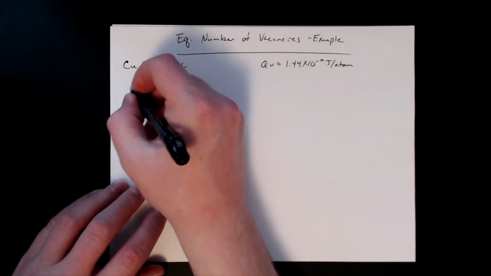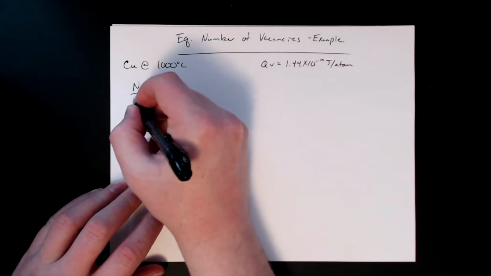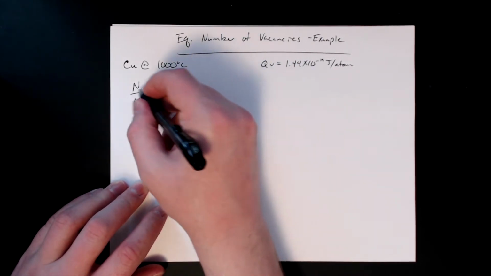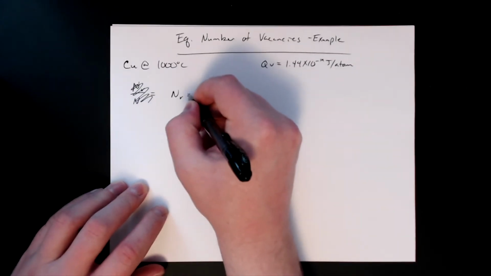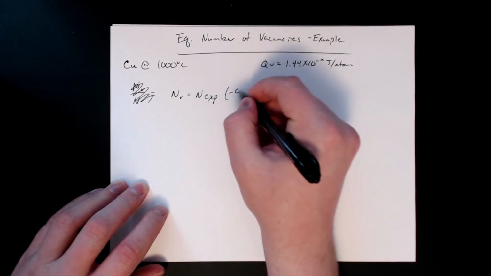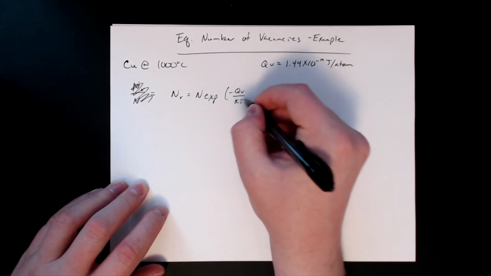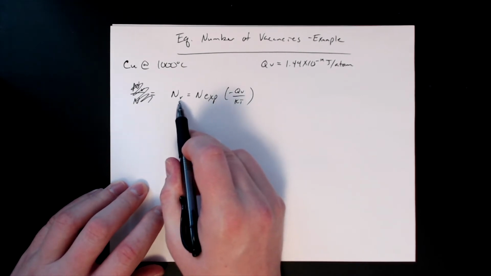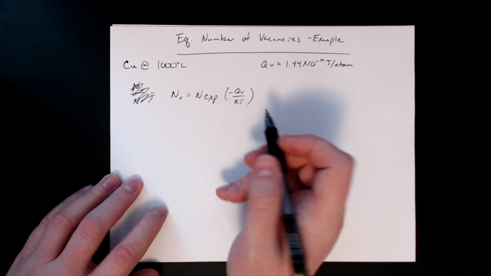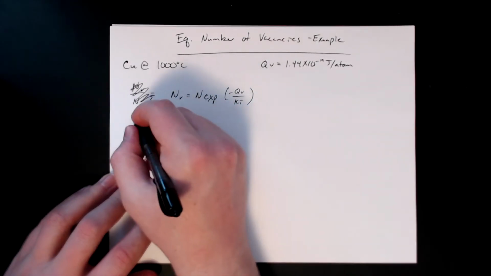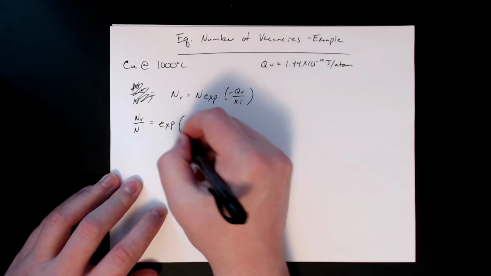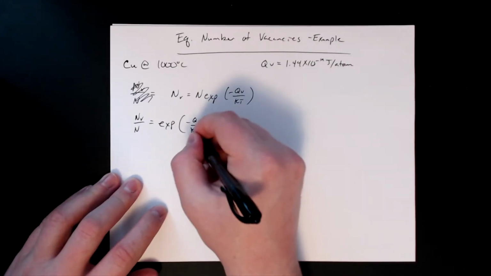So we know from the slides and from the previous problem statement, it gave us the expression for the equilibrium number of vacancies per volume as a function of the total number and then the exponential term. But it's only asking us for the fraction, which means NV over N, as we kind of showed in the last lecture.